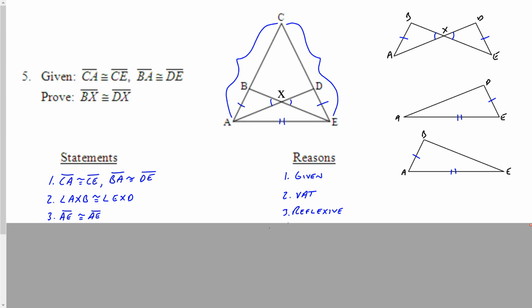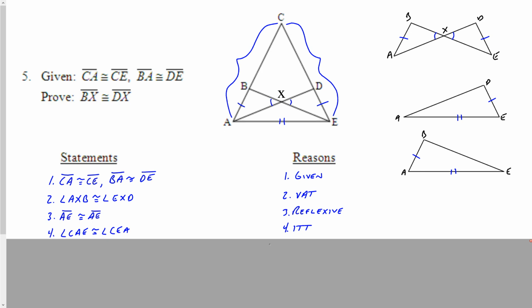And now, here's the key one that some people would miss more often than they might miss something else. We have to go all the way back to our original given information, the fact that segment CA is congruent to segment CE. This whole triangle, ACE, is an isosceles triangle. So that lets us use the isosceles triangle theorem to get a pair of congruent angles.